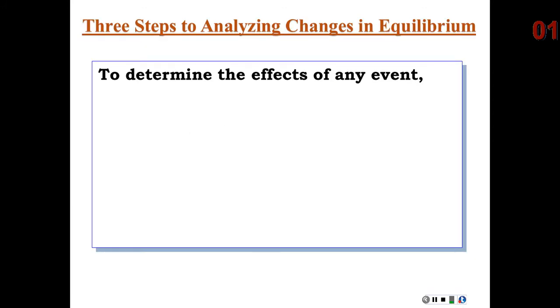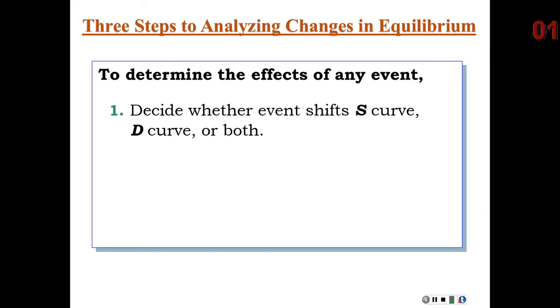There's a three-step process we want to follow for any of these problems. If there's a problem in your homework, on the exam, or if you see something in the real world, this is the three-step process that would be good to use to determine the effect of any event on price or quantity. Step one, decide whether the event shifts the supply or the demand curve. Sometimes it's both.